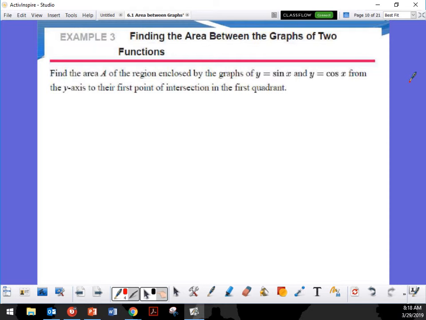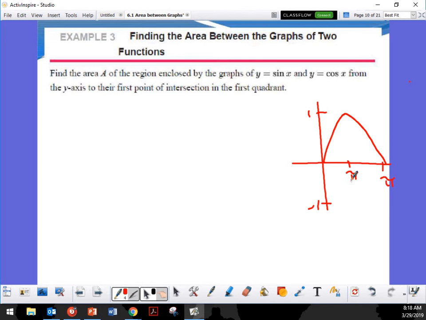If I want to think about this, I'm going to start by doing a little sketch. This goes to 1, this goes to -1. Sine starts here and goes up to 1, then down to 0 at pi.